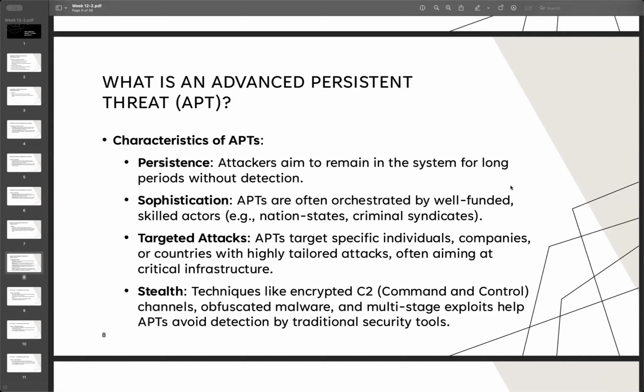The technique is, for example, encrypting the command and control, the C2 channel. They can obfuscate the malware or use multi-stage exploits to help the APT avoid detection by traditional security tools. So that's the idea.